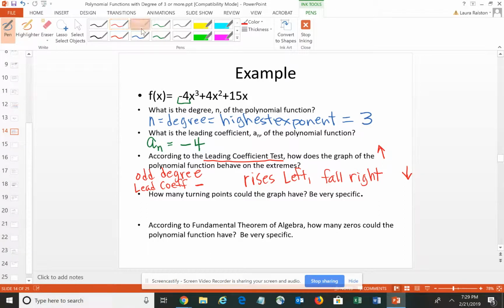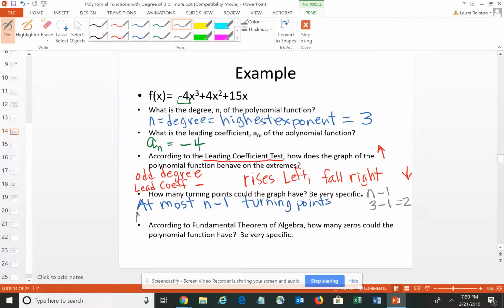The next question asks us how many turning points we could have with this graph. And the formula is at most n minus 1 turning points. Well, in this problem, n is 3, and 3 minus 1 is 2.